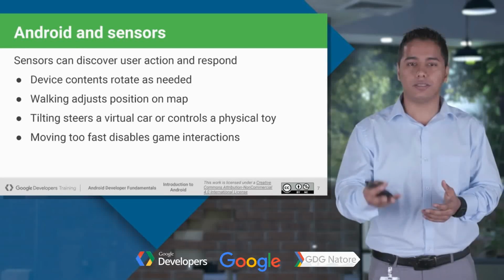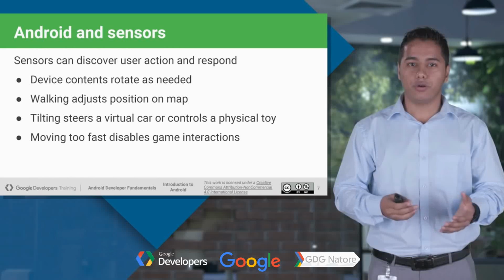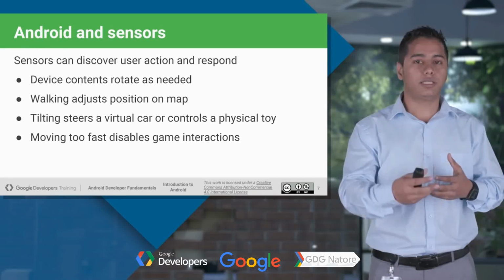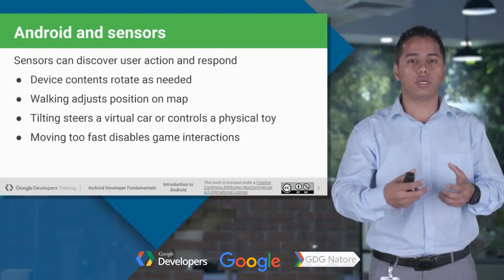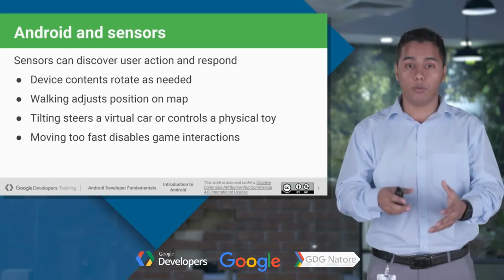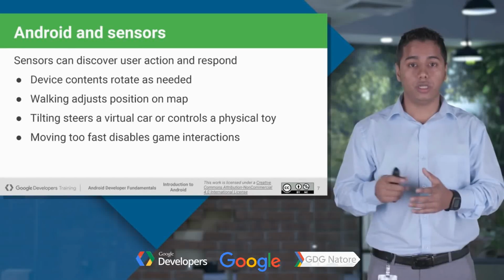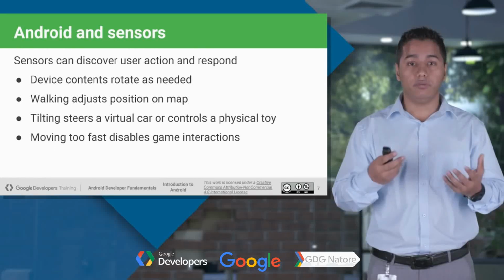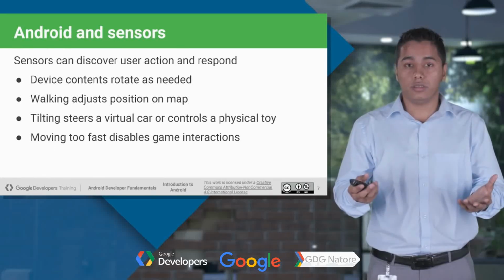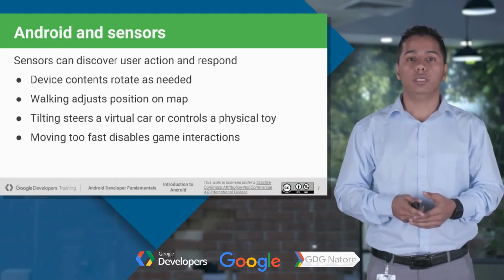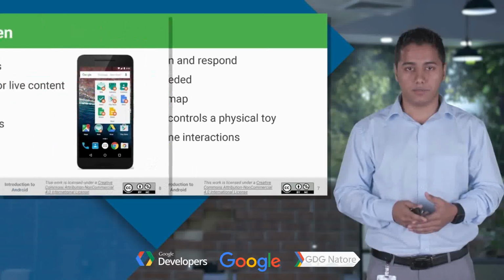Because there are sensors already placed inside your Android device, and your Android operating system helps that sensor to connect with your own application. So we can position on a map at a particular location, and we can do navigation, and we can even steer a virtual car or a toy. All these things can be done with the help of your Android operating system.